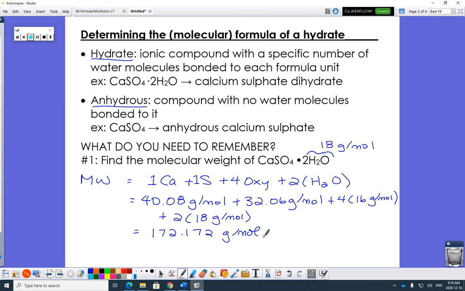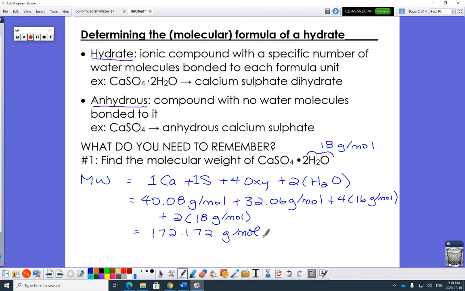So we do this topic last in chapter 6 because there's a lot of things you can do here. So if you look at the worksheet, there are different types of questions. There are questions like in your note where there might be an X here, like an unknown. How many water molecules are there? We'll look at how to find that.